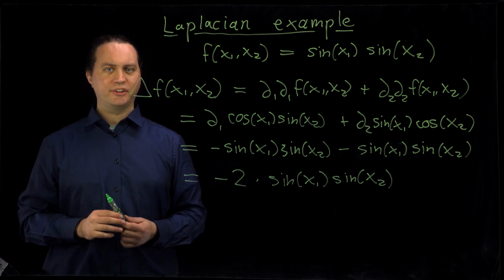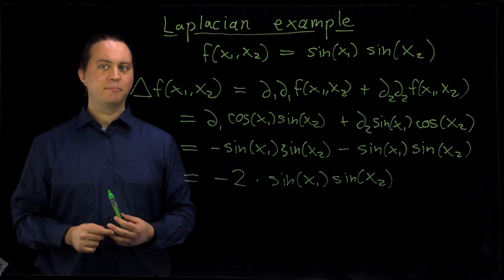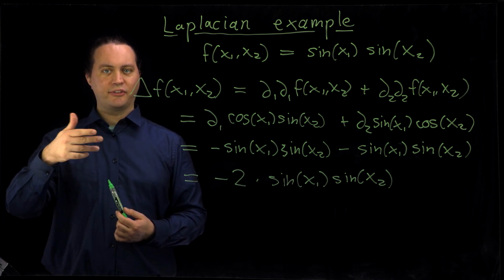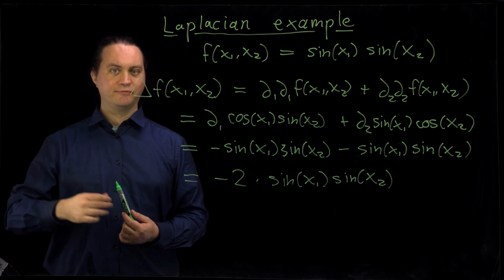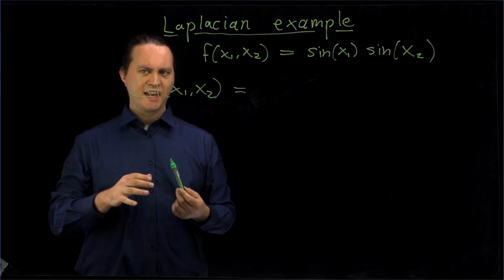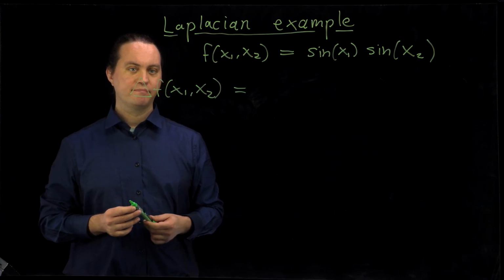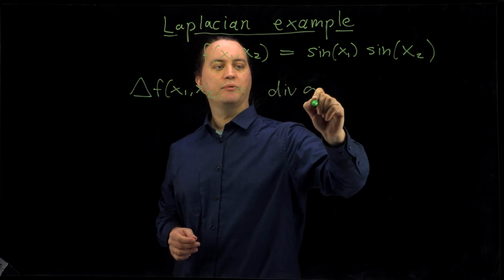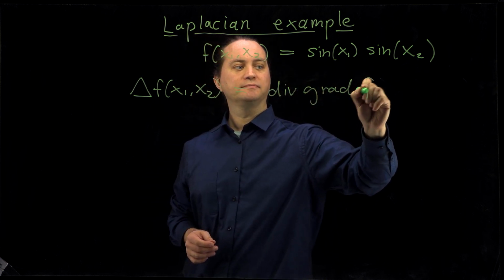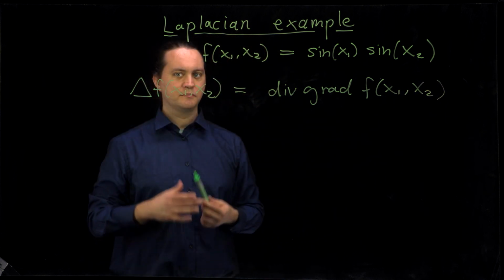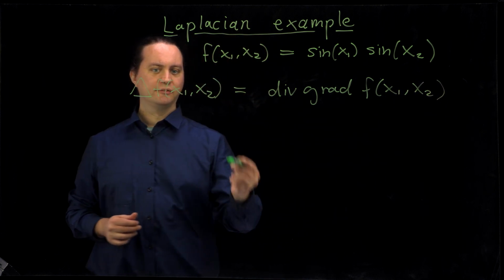Now, just for practice, let's do the same example again, but this time using the definition as the divergence of the gradient of f. Let's again write down definitions. This time, we take the divergence of the gradient of f. Let's first compute the gradient.